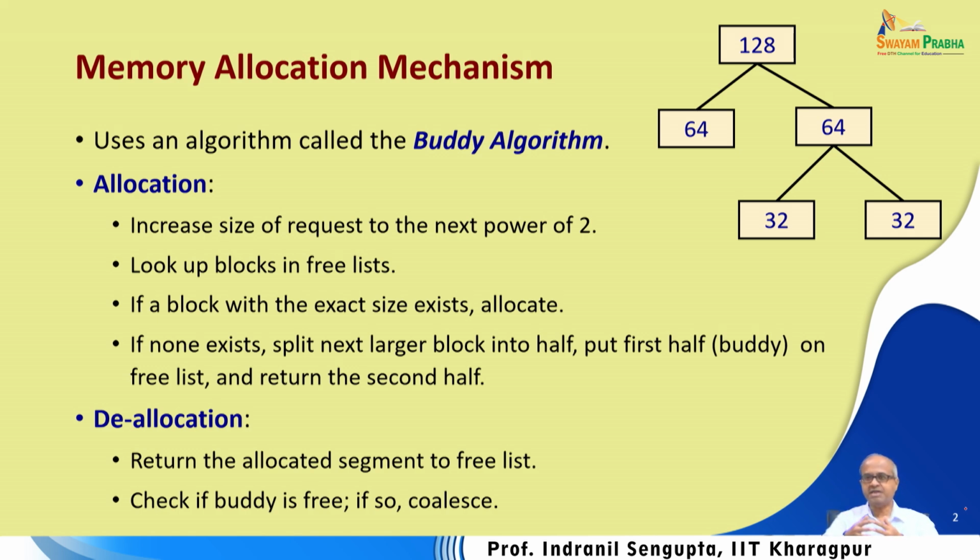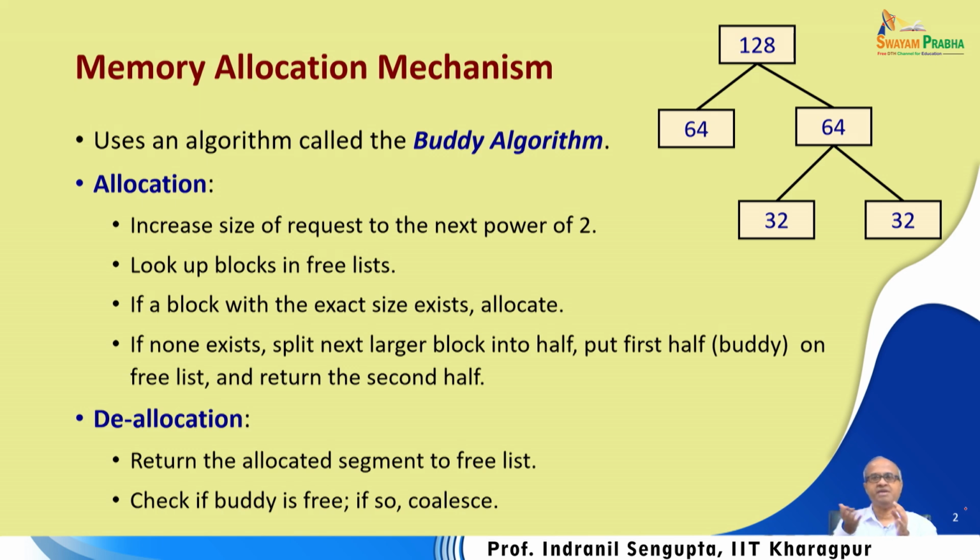Now, what has been found is that if we use a fixed page frame size, the efficiency of memory management may not be that high, because some processes may require less memory, some processes may require large memory. So, a process which requires, let us say, 500 kilobytes of space, but you are giving it 2 kilobytes at a time, will need 250 pages.